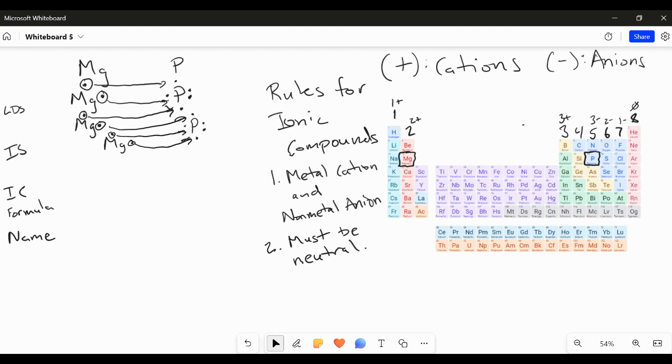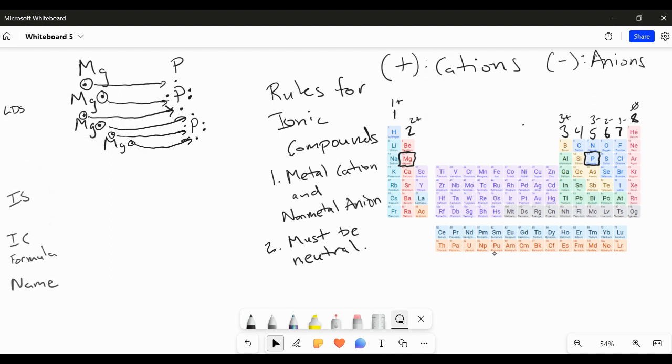Okay. Let's give myself a little bit more space here. Okay. So the symbols are going to be Mg 2+ and P 3-.